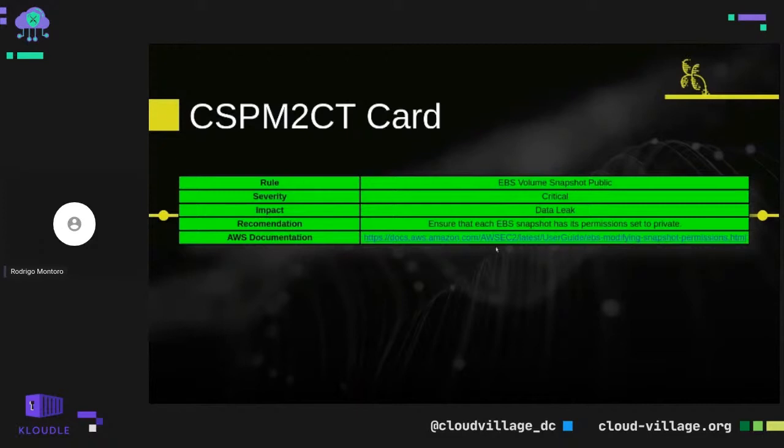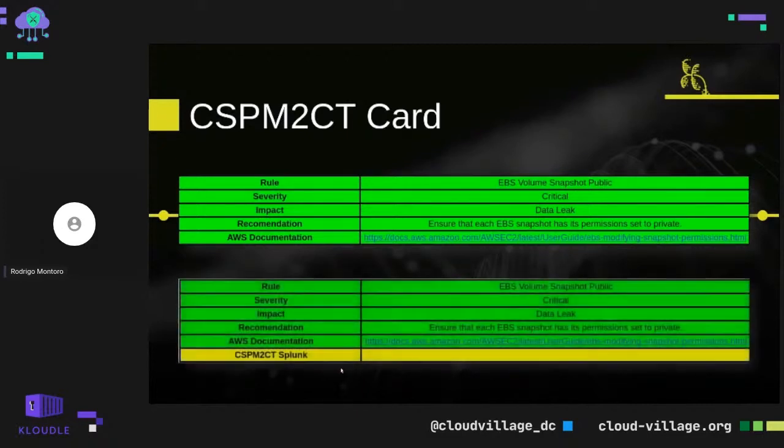From this, we want to create this. This is the first version, using Splunk, but our main goal is to have Sigma rules, so you could convert to anything you're using. Since most of our customers use Splunk, and our biggest engine inside the security operation is Splunk, that's where we started.